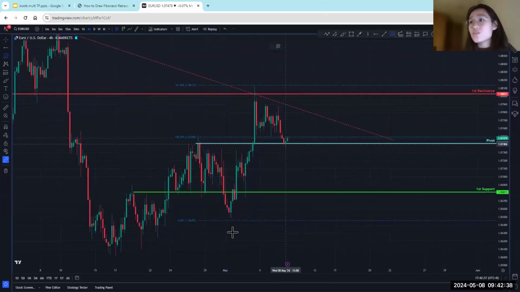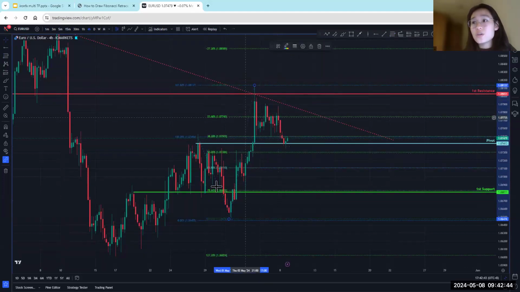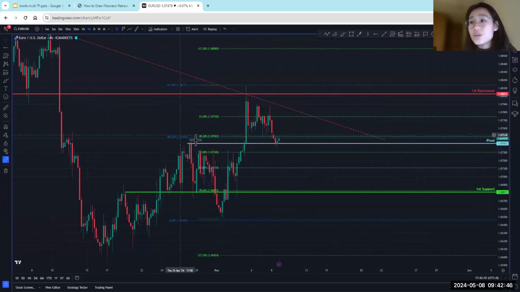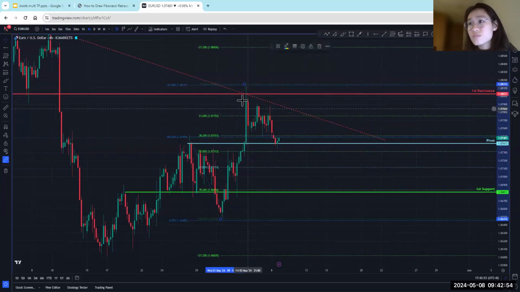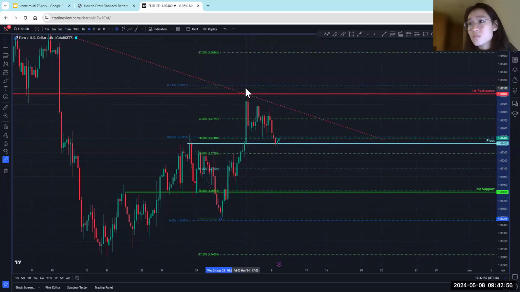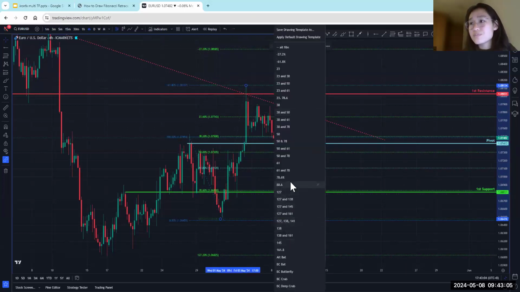Next we're gonna use a retracement from this area to here, and we're only gonna look at the medium or mid-range levels. Price has already broken this 38.2, but you can see my 78.6 lines up with my first support.